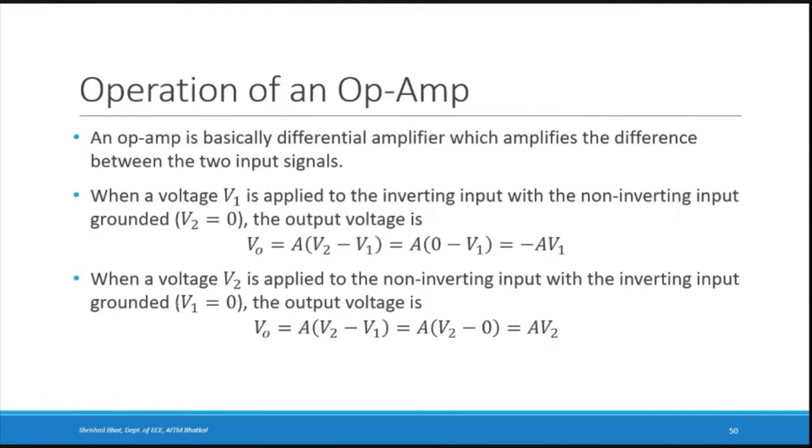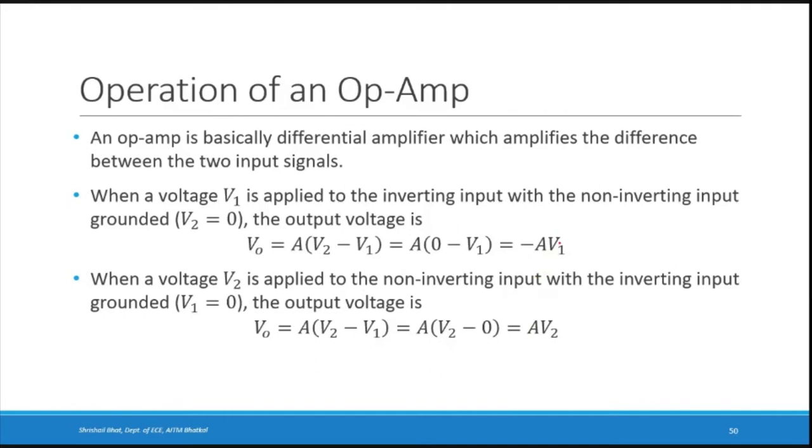So the output will be the negative of the input, that is V1. Then if you ground the inverting input, that is V1, and apply some voltage at the non-inverting input terminal, V2, then in the equation V0 equals A into V2 minus V1, if V1 is 0, then the output V0 will be A into V2, right? So whatever voltage you apply at the inverting input terminal will be inverted.